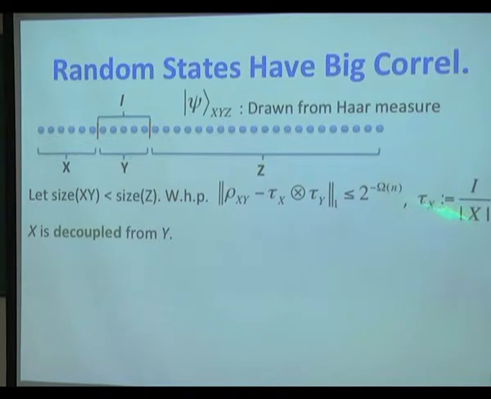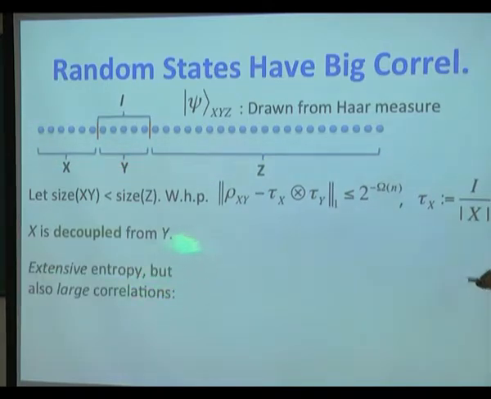So tau x is the maximally mixed state on x, tau y is the maximally mixed state on y, and this guy is very close to this product maximally mixed state. This is some jargon that we use in quantum information theory sometimes. When we have a bipartite state which is close to a product state, we say that one subsystem x is decoupled from the other, y. Okay? So in this situation we have that x and y are decoupled.